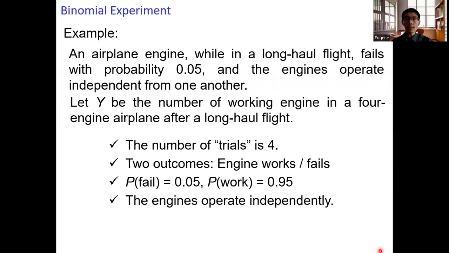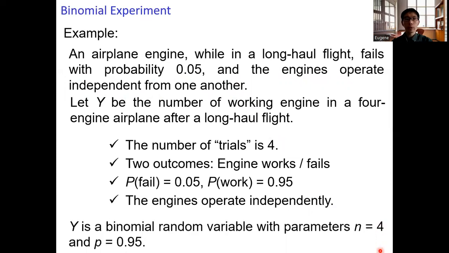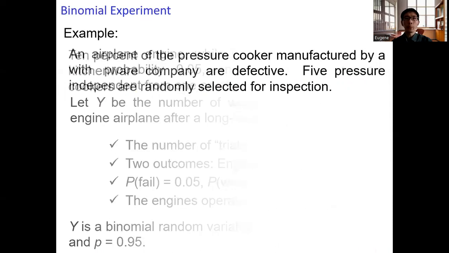All 4 conditions are satisfied, so this is a binomial experiment. We say that y is a binomial random variable with parameters n equals 4 and p equals 0.95.